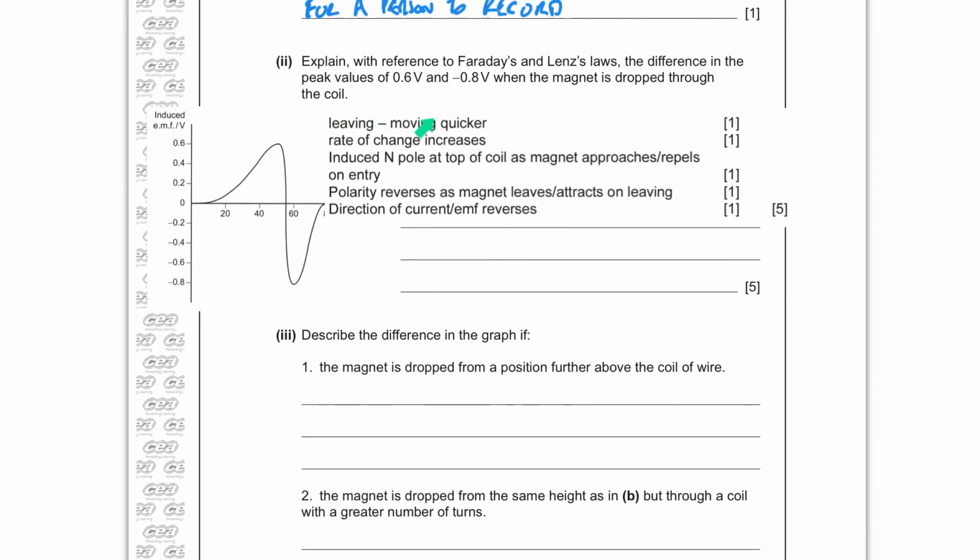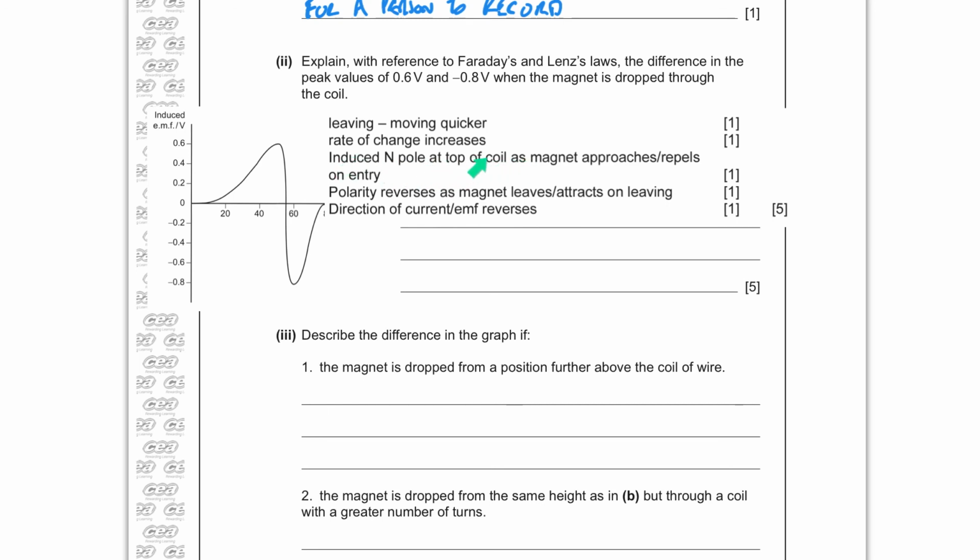They mention that you've got a bigger peak on its way out because it's leaving, moving quicker as it leaves. The idea is that the rate of change is increasing, and that's what's giving you a bigger peak at the output.